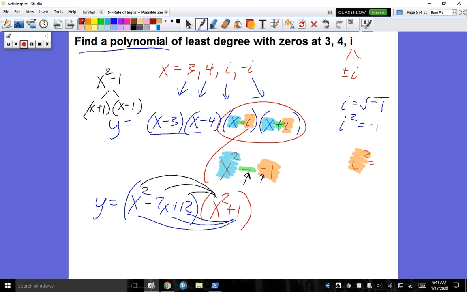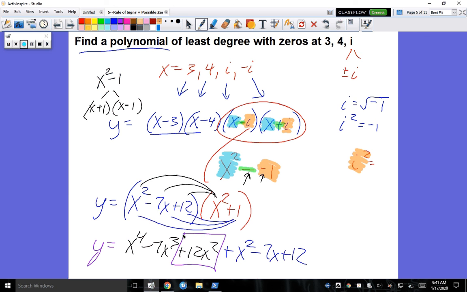Alright, so here we go. If I make a mistake, please correct me, and I'll give you 100 points. I'm going to do the black distributions first. So x to the 4th minus 7x cubed plus 12x squared. Now if I do the blue distributions, plus x squared minus 7x plus 12, all this is set equal to y. And from here, I'm just going to group all my pieces together.